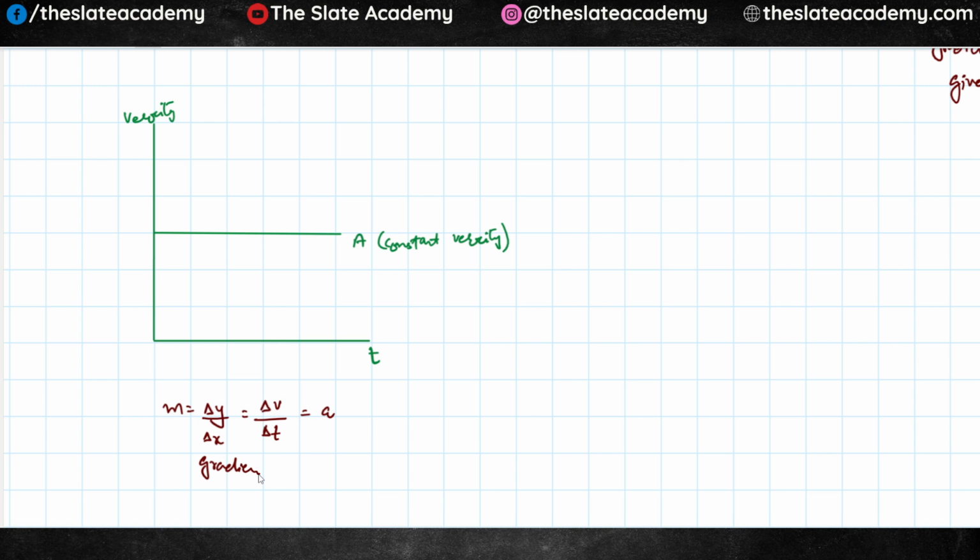If I had to show an object with 0 velocity, how would I show that? I would show it along the x-axis. So it would have its value on the x-axis. Anything over here, I would know it has got zero velocity.